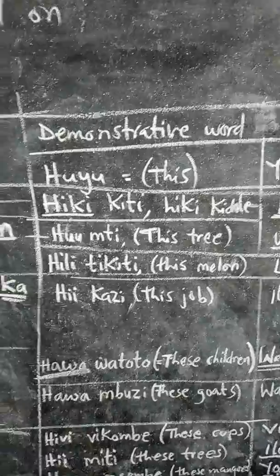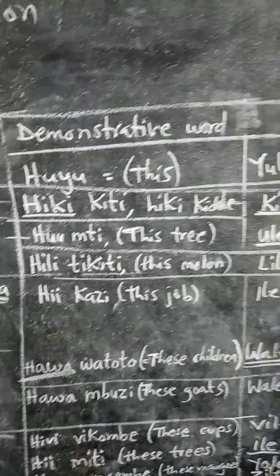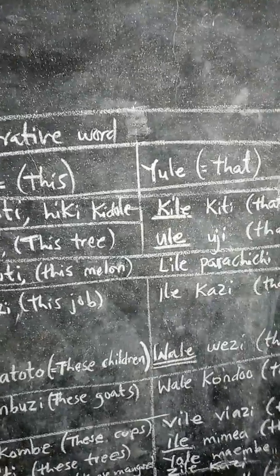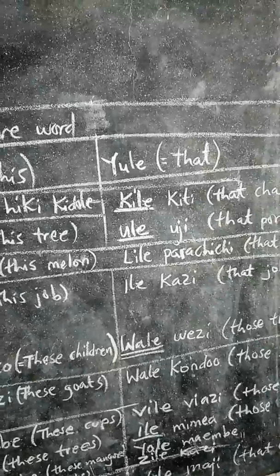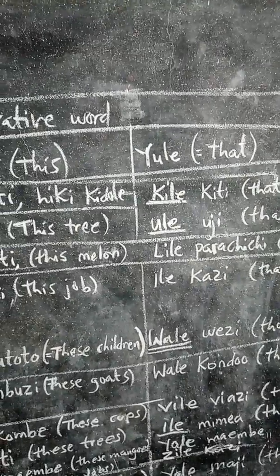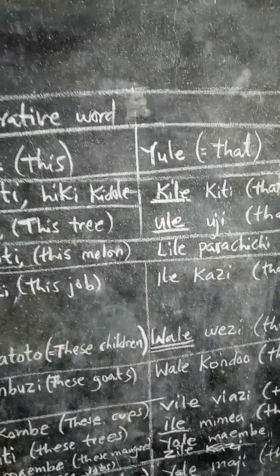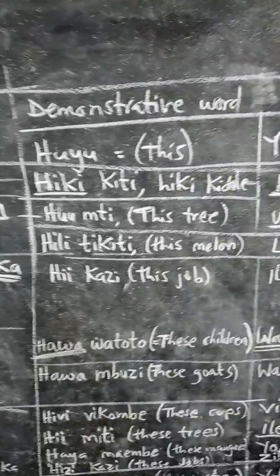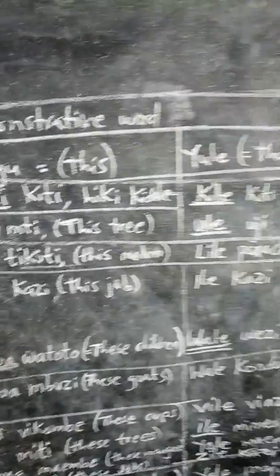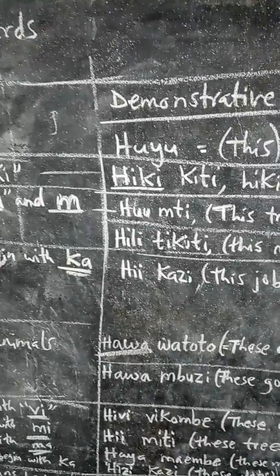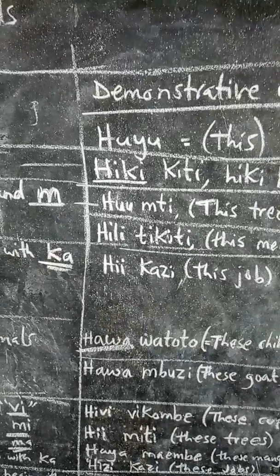For example, hu means this; that, in this case, will be ule: ule uji, that porridge. For most of the words that begin with u, hu mti, this tree, ule uji, that porridge.